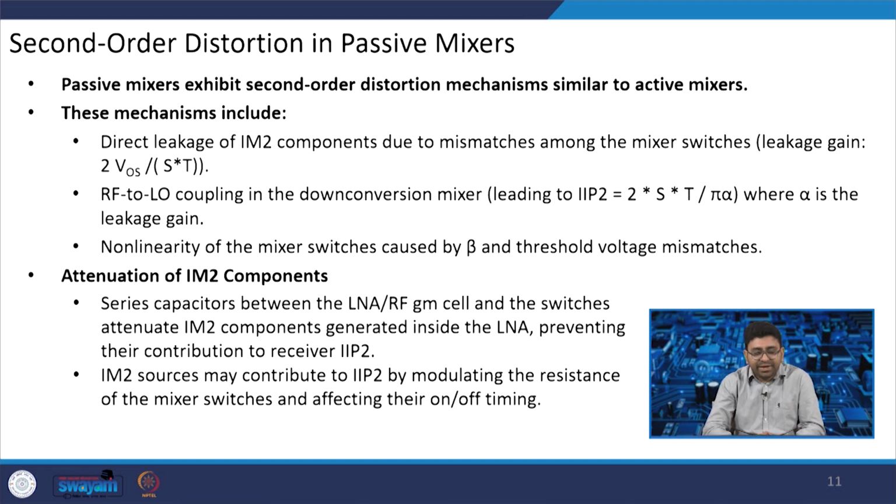That leakage gain can be given by 2 V offset by S into T. There is RF to LO coupling in the down conversion mixer leading to IIP2, which is equal to 2 S into T divided by pi alpha, that we already have discussed, where alpha is the leakage gain. So, if we can reduce the leakage alpha, we can improve the IIP2.